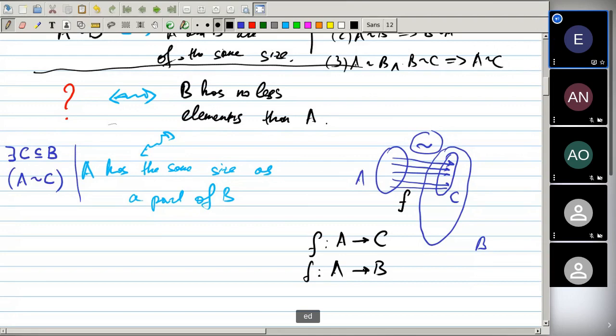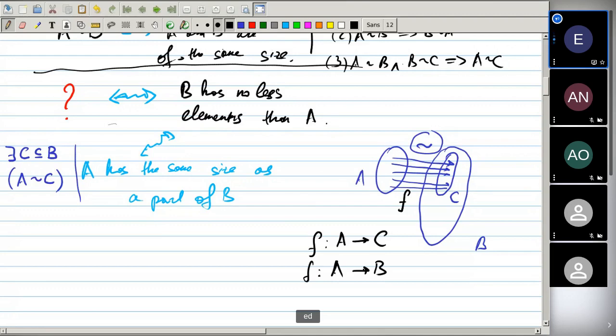Yes. Is this function a bijection between A and B? No. It is not necessarily so. Why? What does it lack to be a bijection? A bijection is a function which is surjective and injective both.